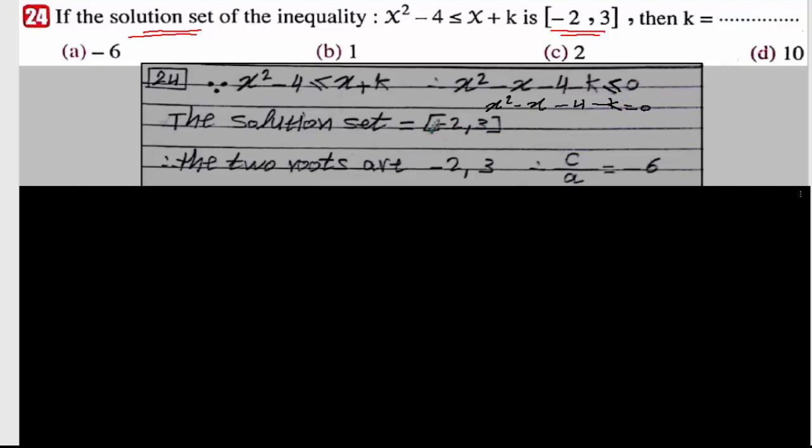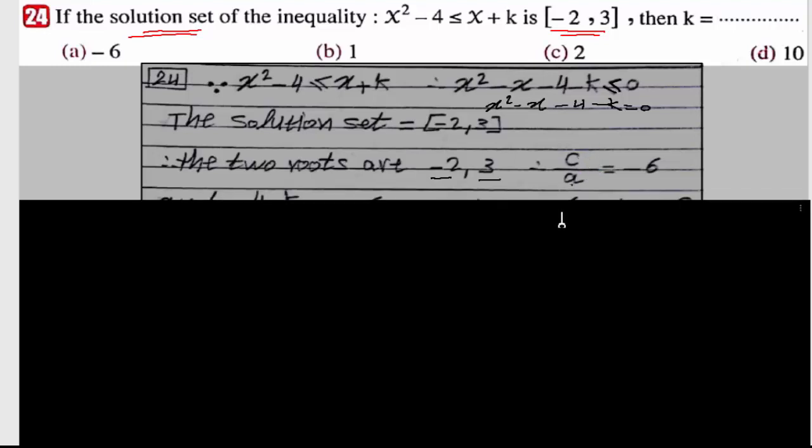But the solution of the whole inequality is the closed interval from negative 2 to 3. So the two roots are negative 2 and 3. The product of these two roots is negative 6. Also the product equals c over a.